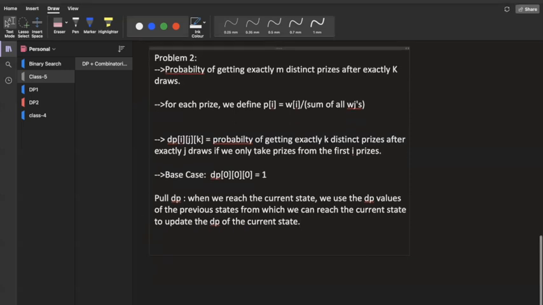When we reach a current state, we go over all the states from which we can reach the current state and use those DP values to update the DP value of the current state. But today we are going to do something known as push DP. In push DP, when we reach the current state, we make sure that the DP value of the current state is already computed.